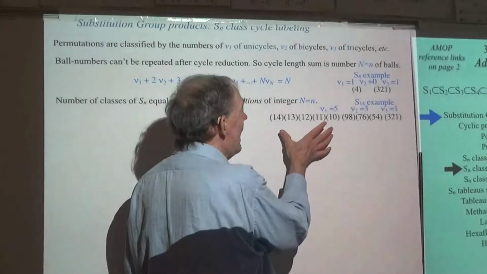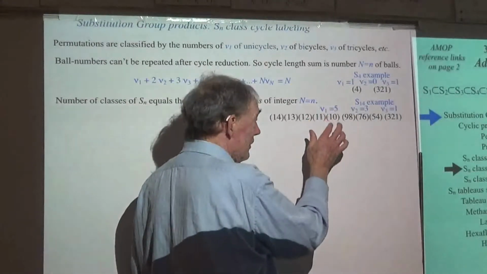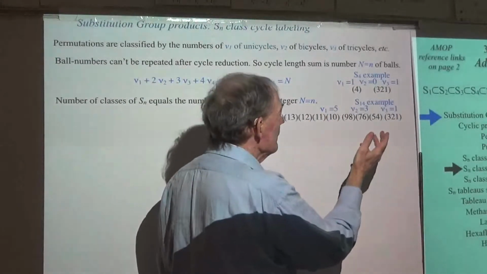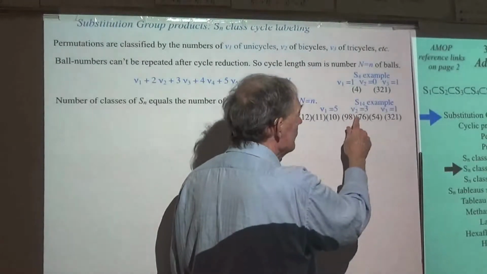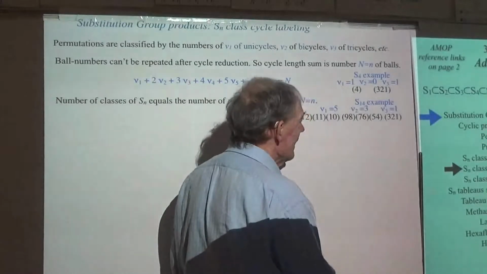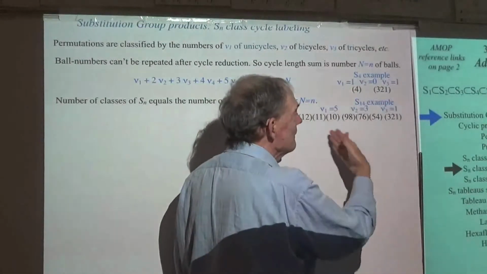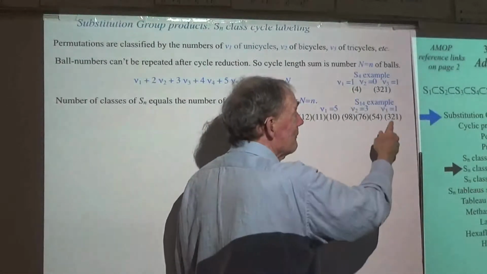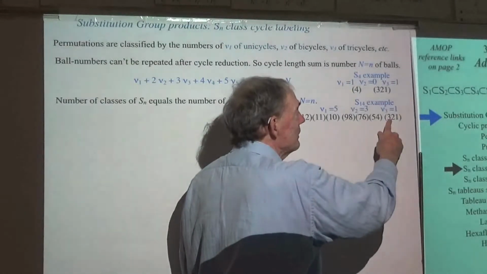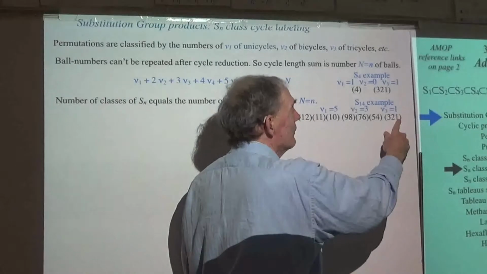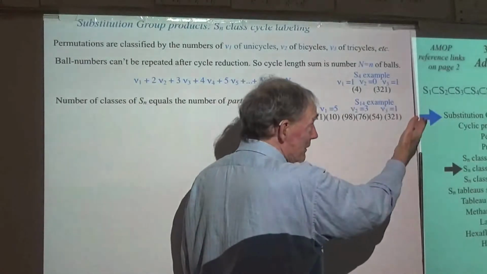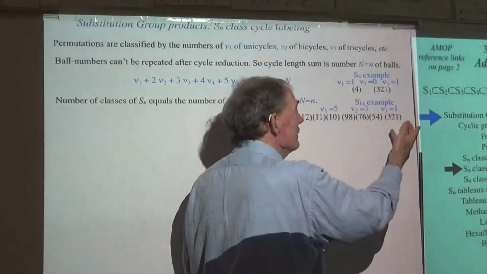I've got 5 unicycles, so that's nu 1 equal 5. Then the bicycles, 1, 2, 3 of those. And I just have enough room before I go into negative numbers to put here a whole tricycle. Now if you want to have 0 be part of your permutation, good.